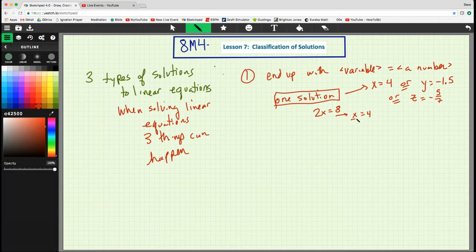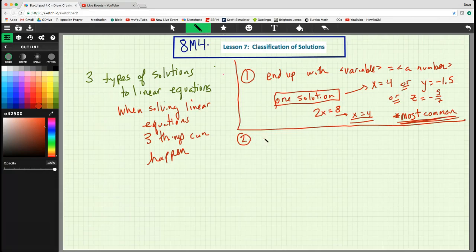Only one answer will work. And this is the most common. In a linear equation, when we're solving linear equations, you'll get one solution almost all of the time. However, there's a second and third case.